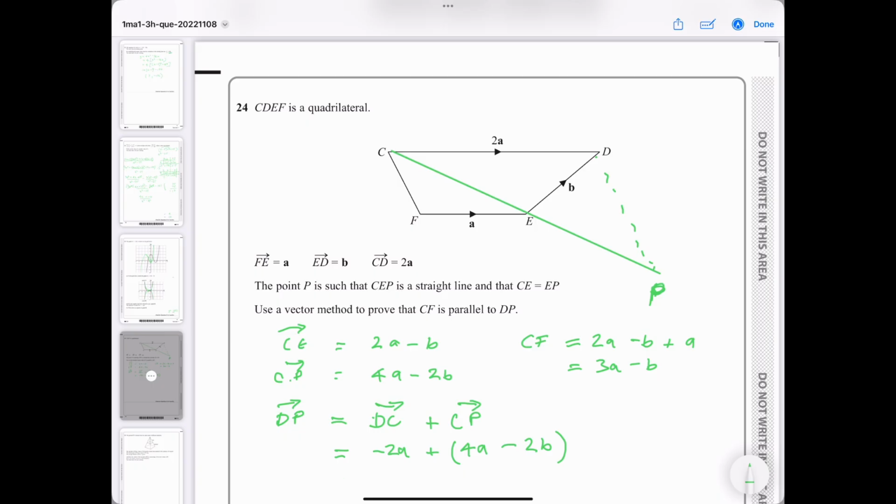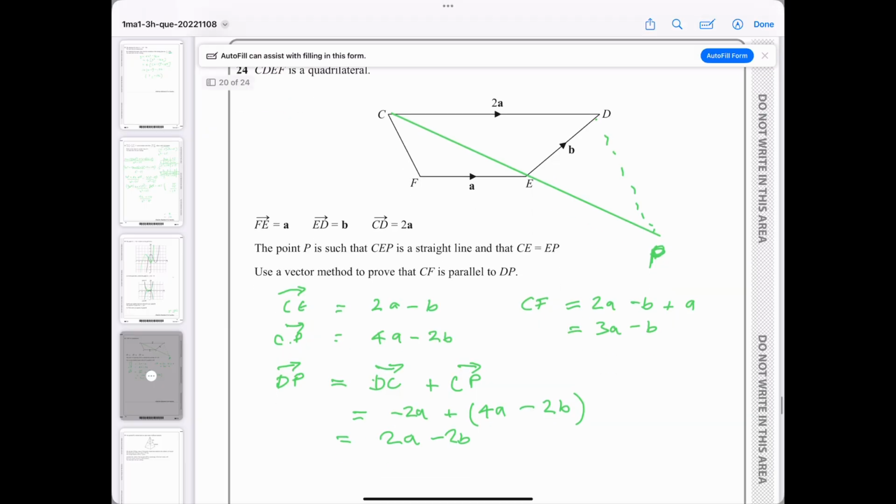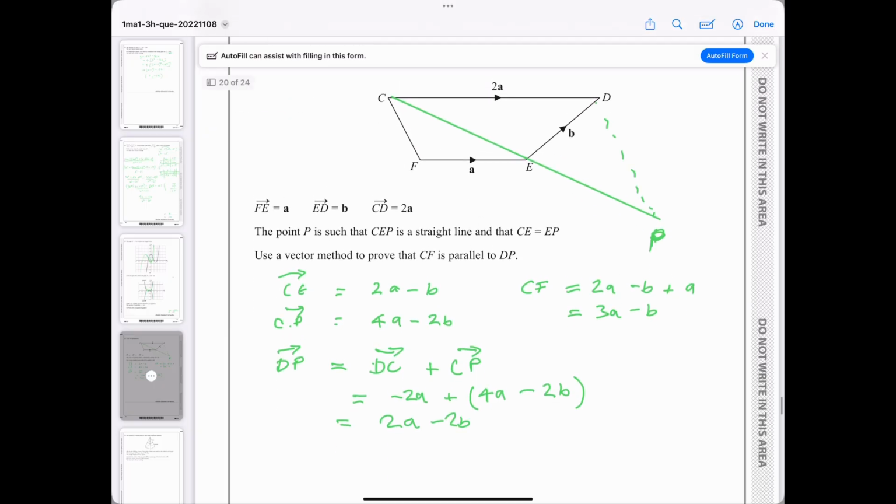So DC, CP. So that definitely is C. Okay, so that equals 2A minus 2B, which isn't going to be parallel to CF.